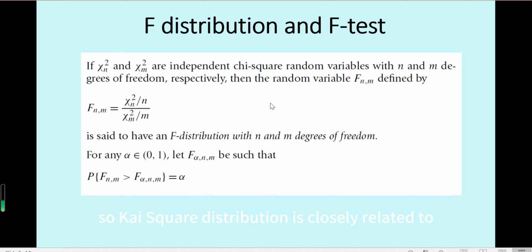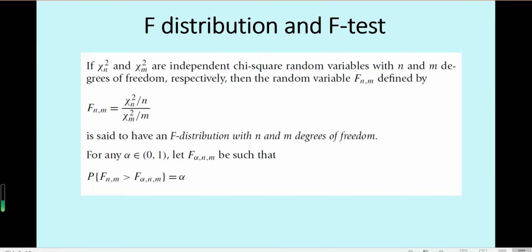And we know chi-square distribution is closely related to standard normal distribution. So say if a random variable X follows standard normal distribution, so its mean and standard deviation are 0 and 1, then the random variable X squared has chi-square distribution with 1 degree of freedom because X squared is one variable.